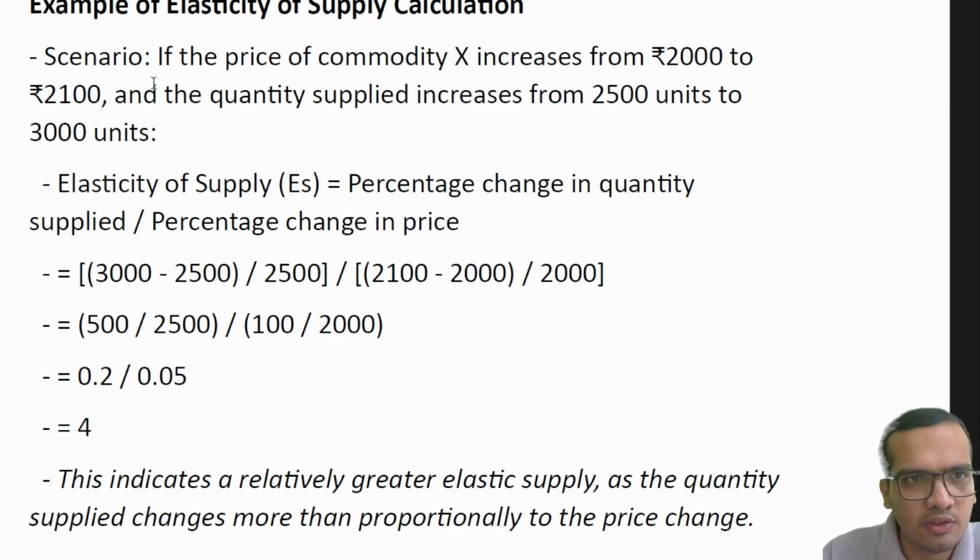Quantity change is 3000 minus 2500, the latest quantity minus the old quantity, divided by 2500. Similarly, 2100 minus 2000, the difference in prices, divided by the old price.